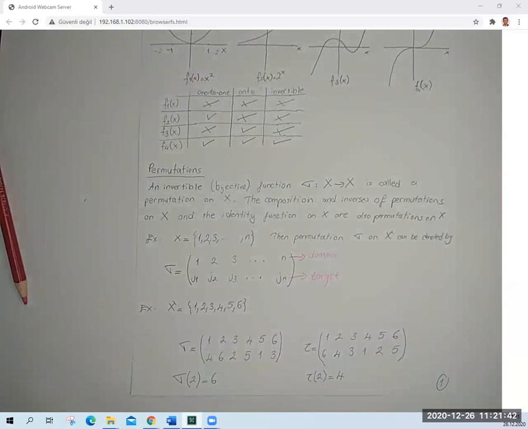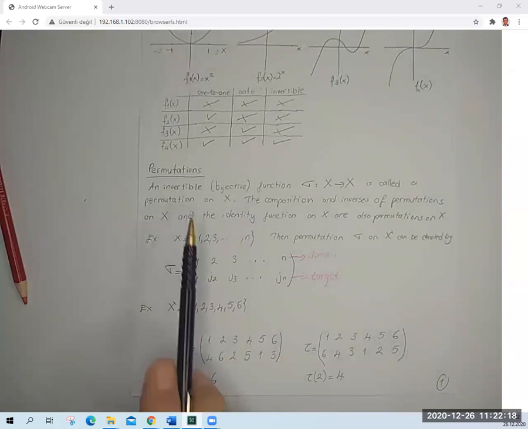And let's take a new page and continue. What do you mean, Sarah? How do I find it? So this is the domain, right? And codomain. If I put here in my function sigma, 2 goes to 6, and 2 goes to 4 for the tau function as a permutation function.